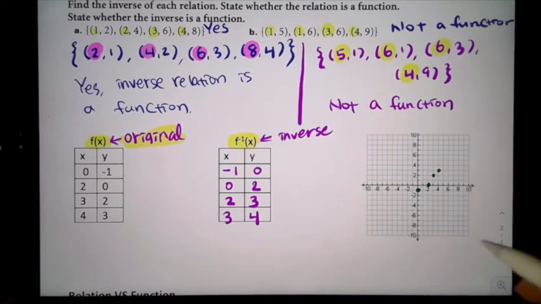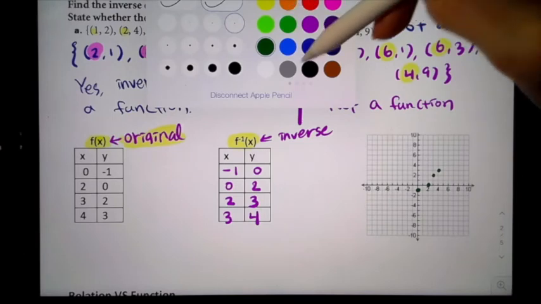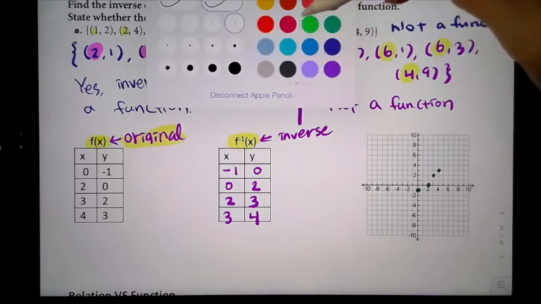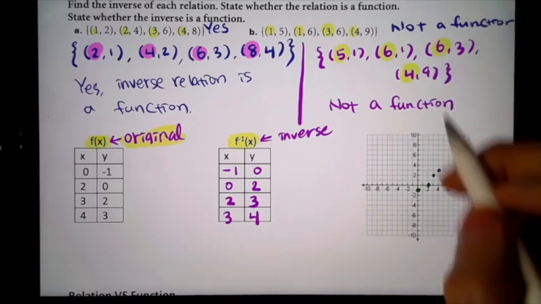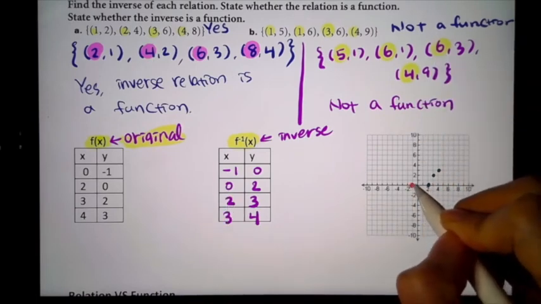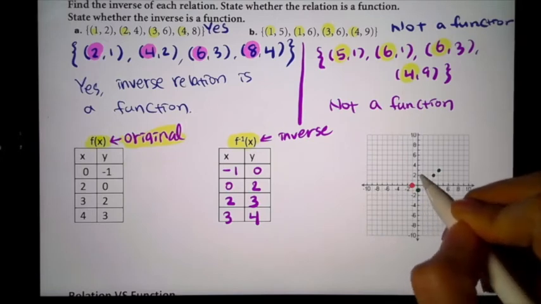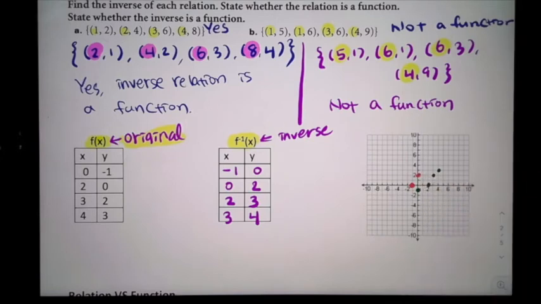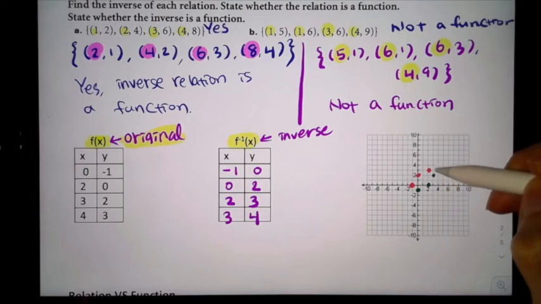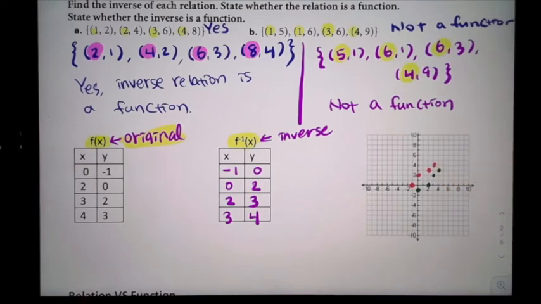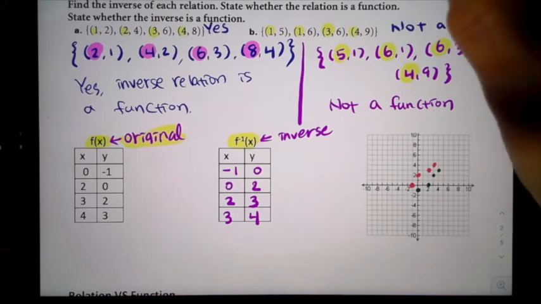So you get these 4 points, and now I'm going to plot the inverse function. So -1, 0 is over here, and 0, 2 is over here, 2, 3 is right here, and 3, 4 is over here. So we get another 4 points.